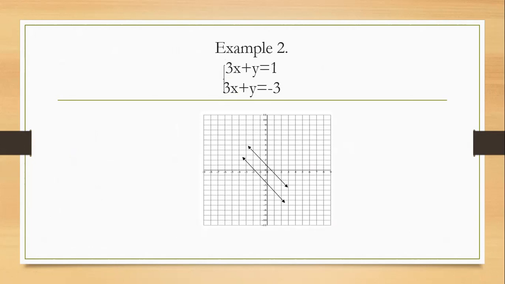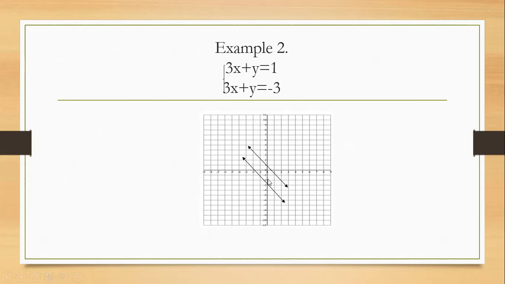Okay? Example number 2. 3x plus y equals 1 and 3x plus y equals -3. So, what is our slope here? Our slope for the first is -3 and y-intercept is +1. Slope is -3, y-intercept is -3.